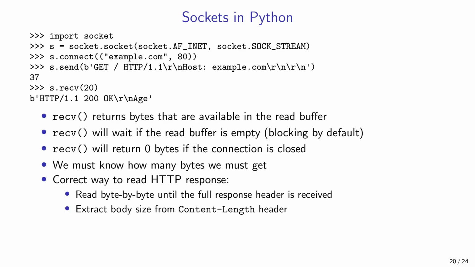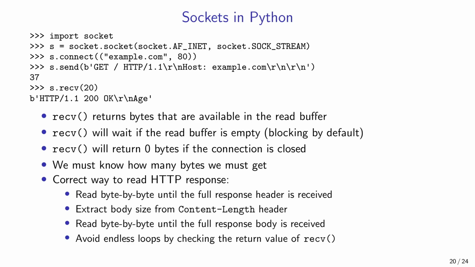Okay? Then extract the body size from the content length header, read byte by byte until the full response body is received, and avoid endless loops by checking the return value of receive. If it is empty, the connection is broken. Here you can read more about sockets in Python, but this slide should provide enough information to implement the homework.